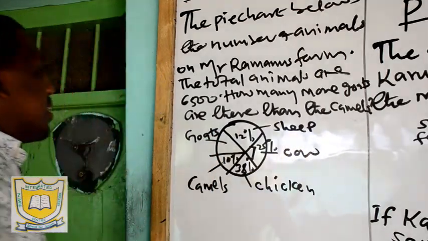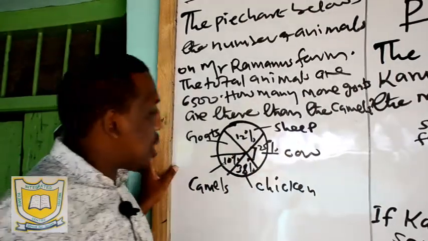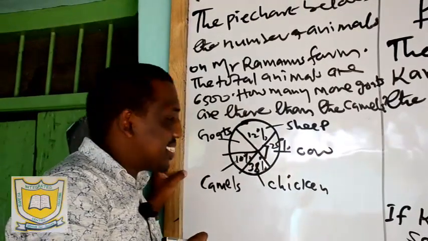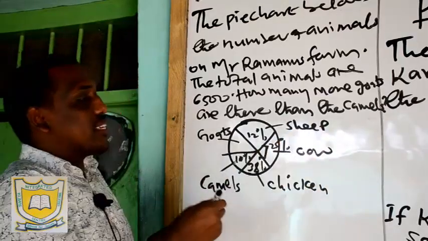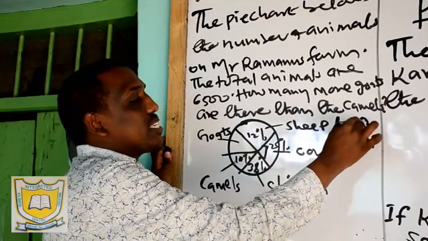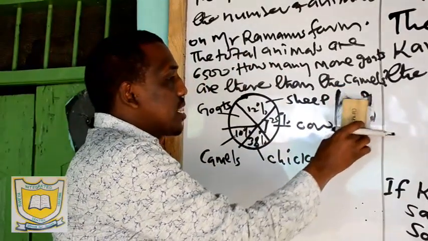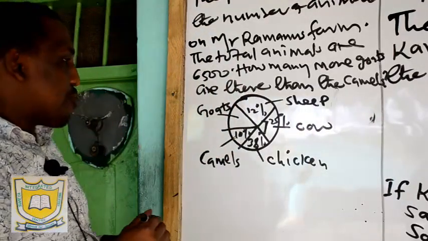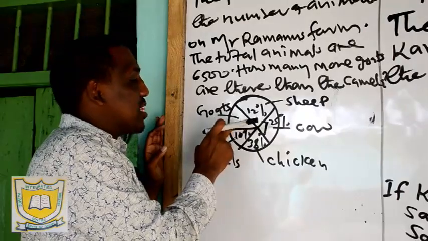Now it is percentage. The other one we were dealing with degrees, and I said the total degrees is 360 degrees. Now we see percentage. Total percent is always 100%. You should know that. Now we are lacking the percentage for goats.